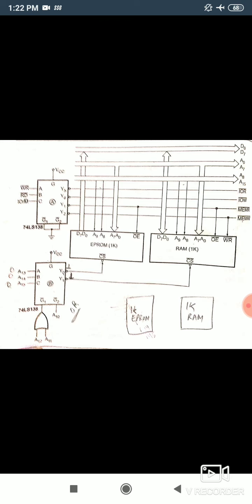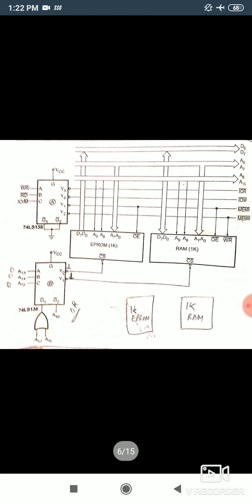Now this is not a complete answer. The complete answer comes when we give the address map or the memory map. Now we will provide each and every address of ROM and RAM: the starting address of ROM, the last address of ROM, the starting address of RAM and the last address of the RAM.